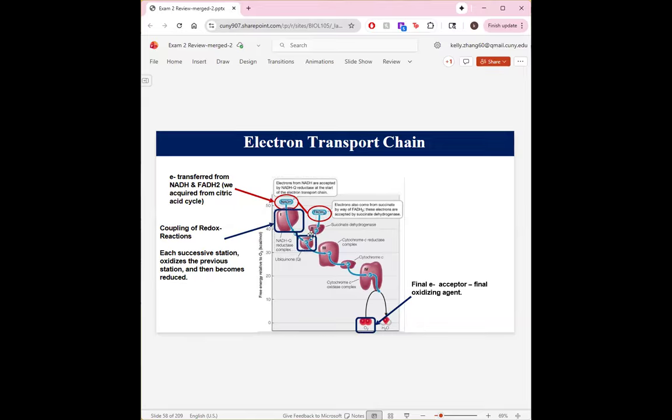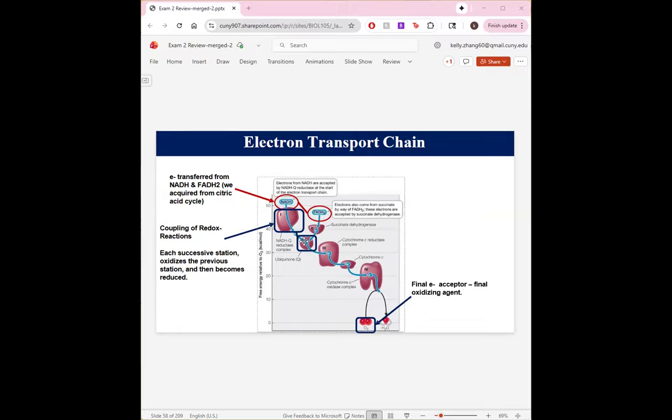After this, the electrons from both converge into ubiquinone, shortened to Q. Q is a nonpolar lipid molecule in the phospholipid bilayer of the inner mitochondrial membrane.